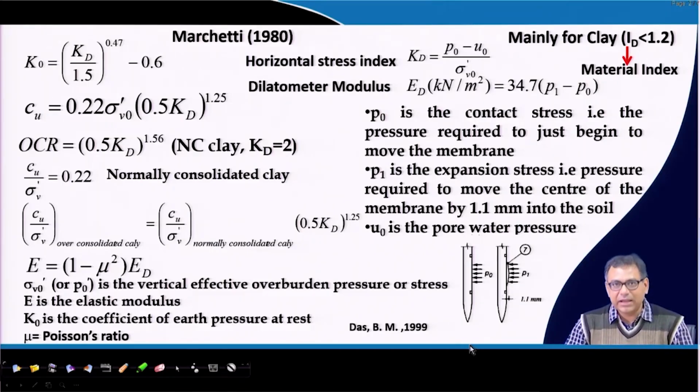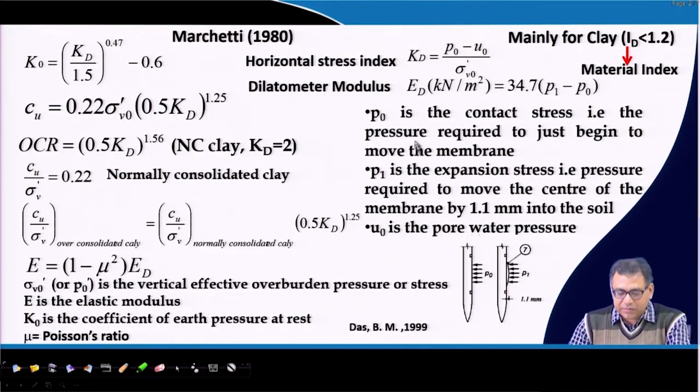So, that is our A reading, and P1 is the expansion stress, that is the pressure required to move the center of the membrane by an amount of 1.1 millimeter into the soil. So, P1 is the pressure that we measure where the membrane center will deform by 1.1 millimeter into the soil, and U0 is the pore water pressure.